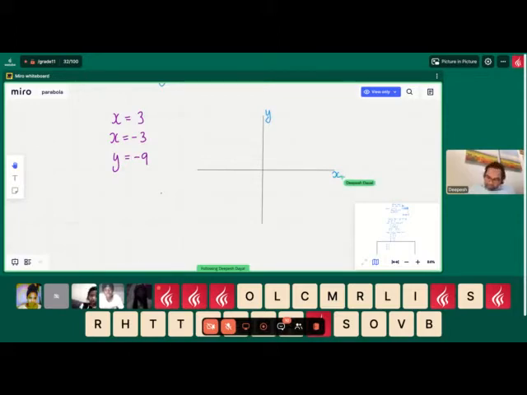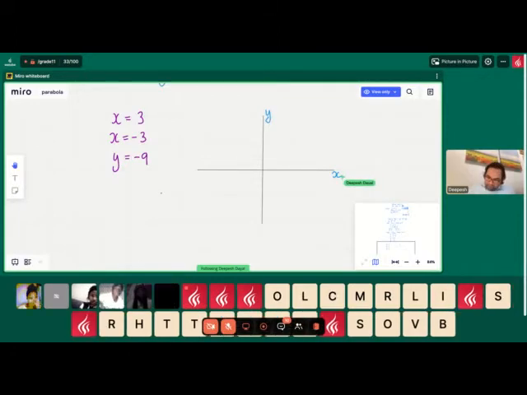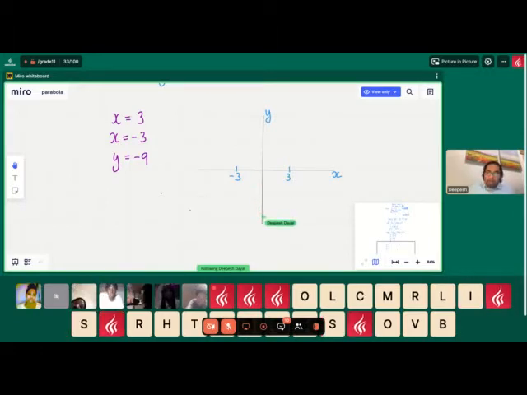So x, we've got minus 3, and I'm wondering whether I've drawn it a bit too far out. I think let's bring it a bit more in. So we've got here minus 3, and we've got 3, and then we've got y, remember, is minus 9.